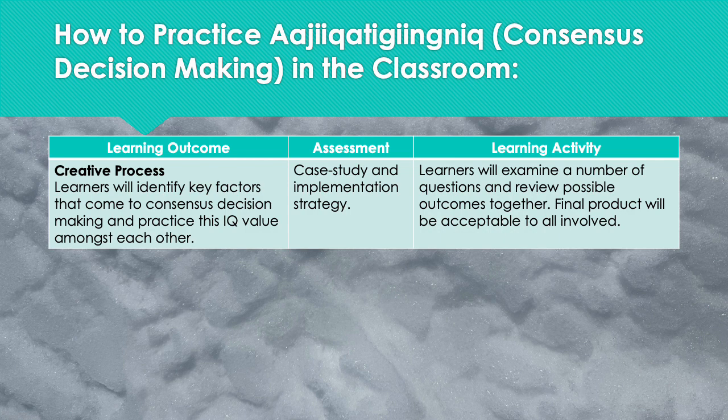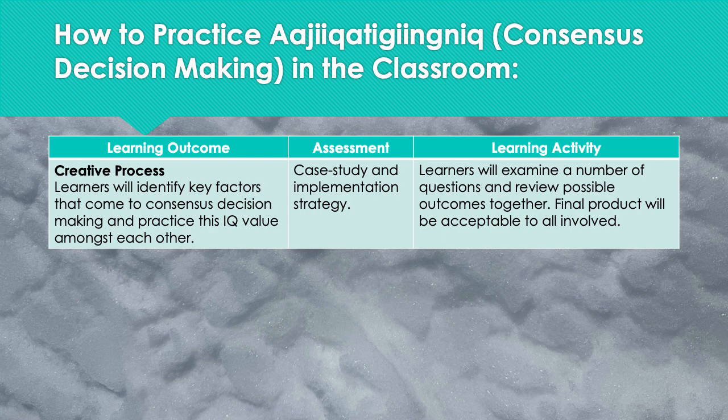The learning outcome here focuses on the creative process, and the learners will identify key factors that come to consensus decision making and practice this IQ value amongst each other. An example of how you can assess this could be through case study and implementation strategy.